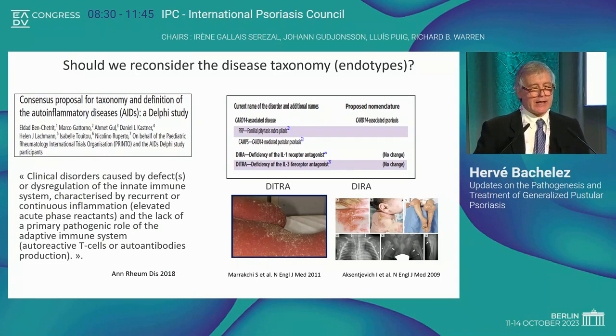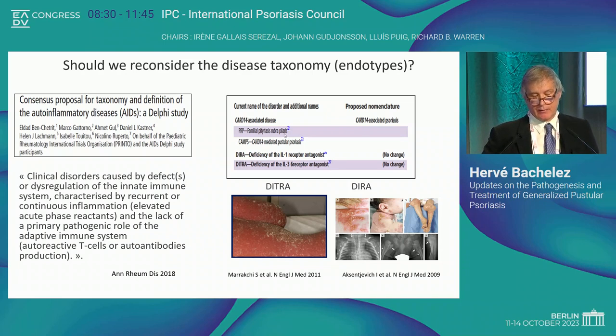What is also clear is a question: should we reconsider disease taxonomy, speaking of CARD14-associated disease, instead of the classical description and classification, or probably re-importing the clinical description and classification into the molecular context? That's probably something we should do.